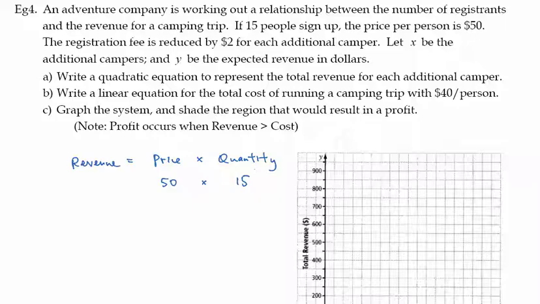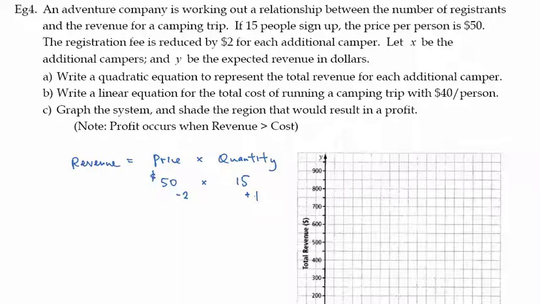They are planning to reduce the fee by $2. And for each $2 drop in terms of price, there will be one additional camper. When we drop the price by $2, one more person signs up.